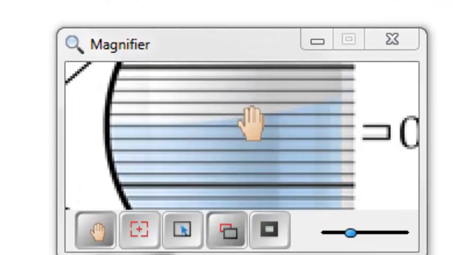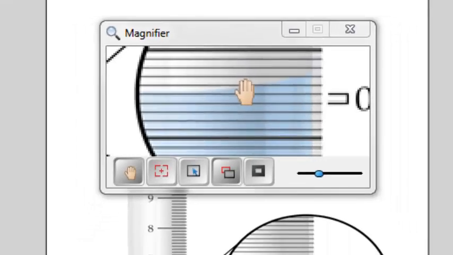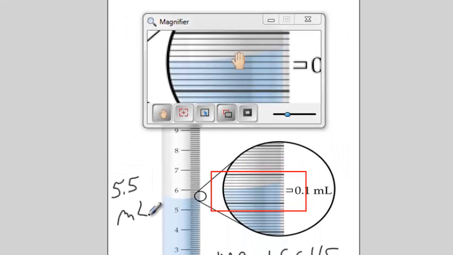So if I'm looking at this meniscus, I'm going to count. I'm going to say 5.1, 5.2, 5.3, 5.4, 5.5. The most exact measurement that I can read is 5.5 milliliters. But I'm not done. I can look at this and say, I don't think that's exactly on that 0.5 line.